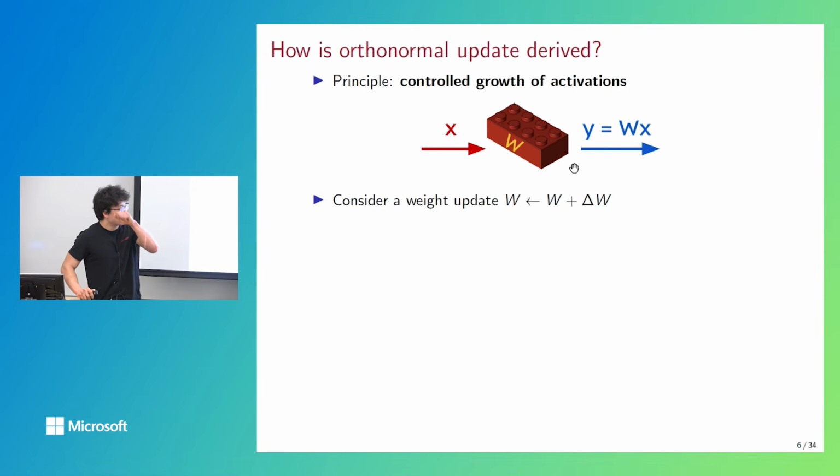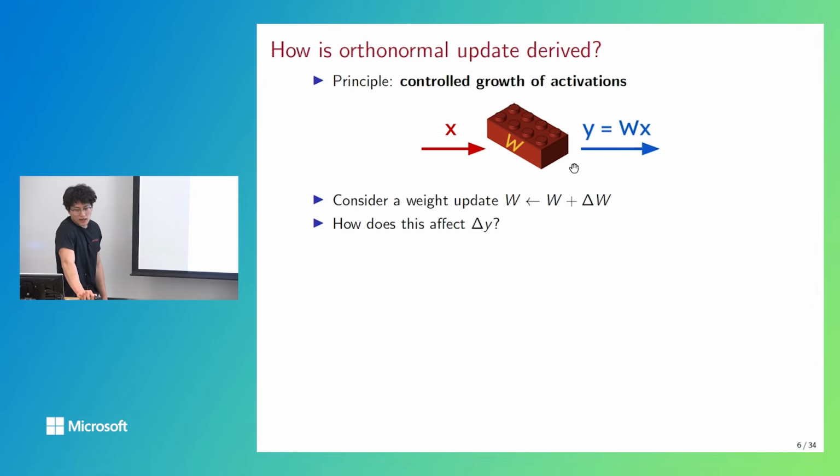So consider this weight update where weight W gets updated by the delta W to get a new set of weights. And ask this question of how this weight update affects the output, change in the output, delta Y, right?